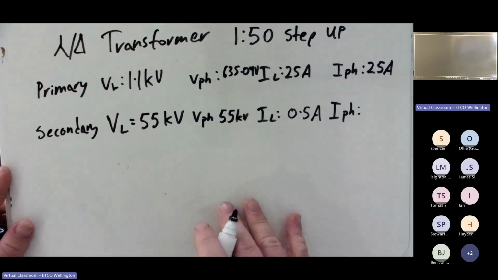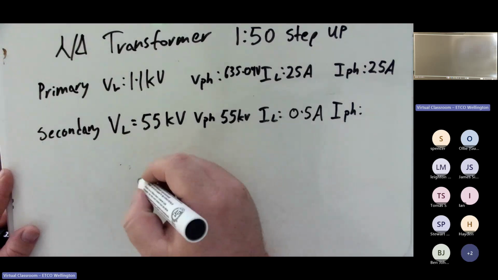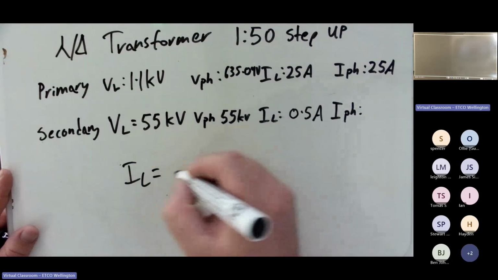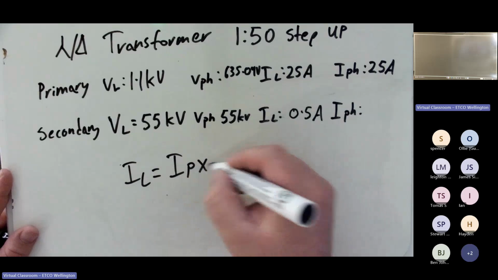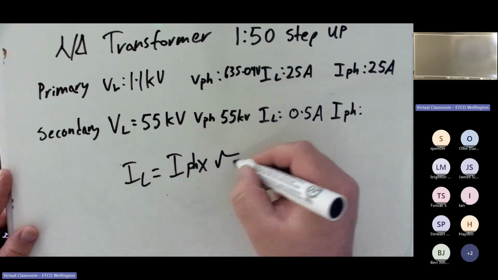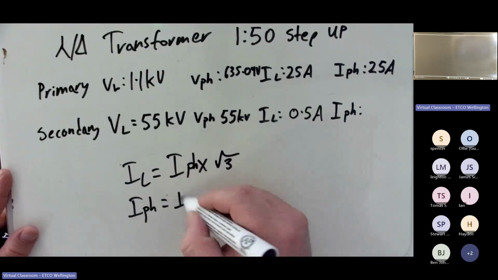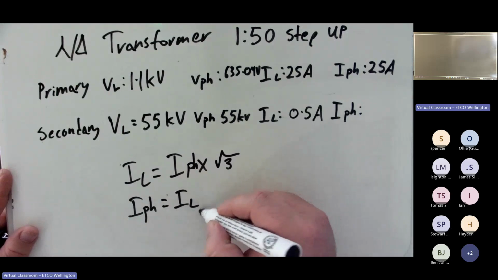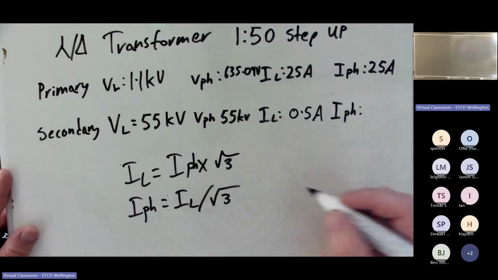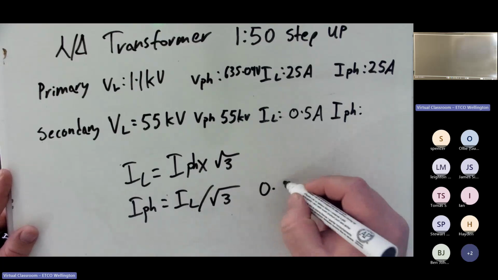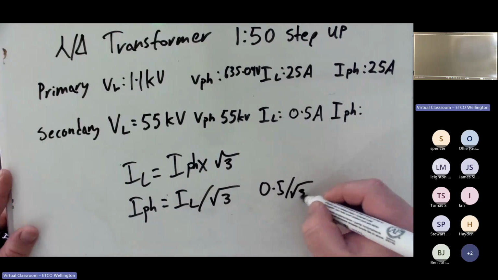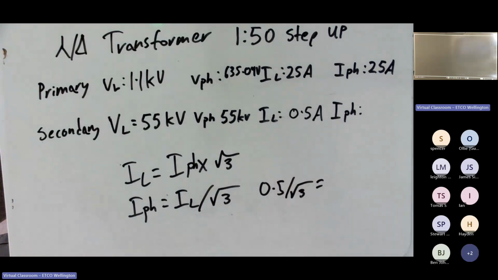So we can then take our I line equals I phase times square root of 3. So therefore, I phase is equivalent to IL divided by square root of 3. So it's 0.5 divided by the square root of 3, which gives us what?